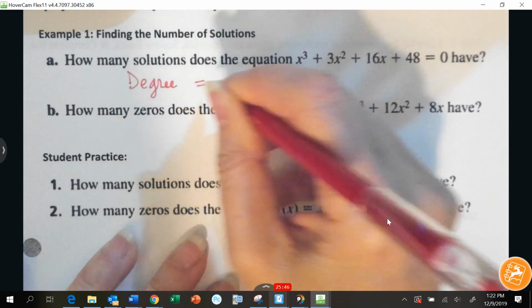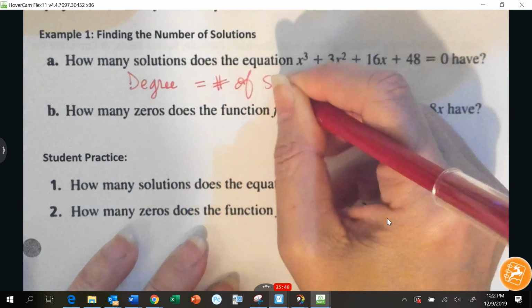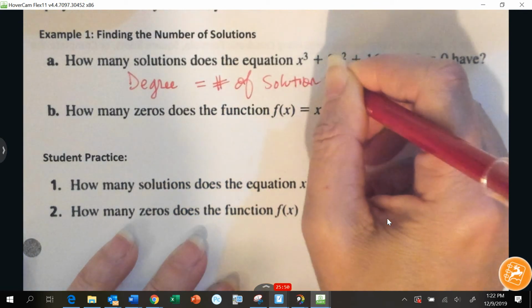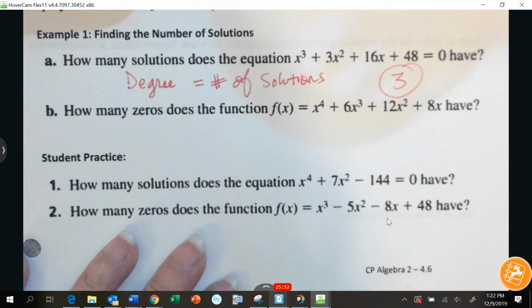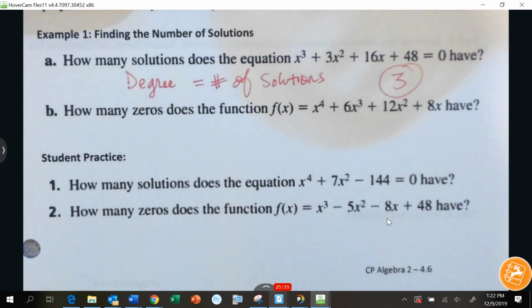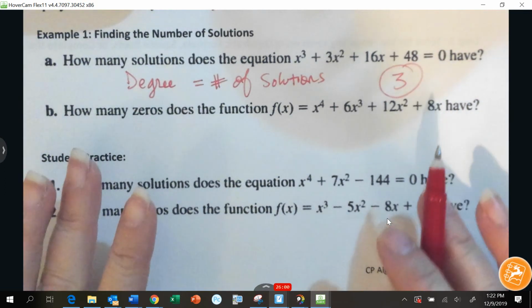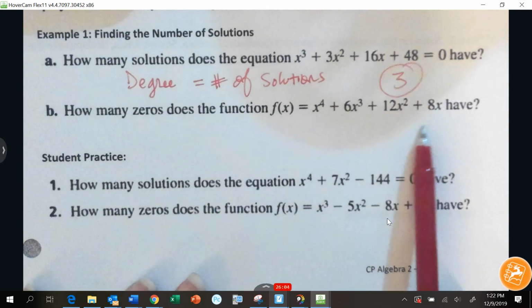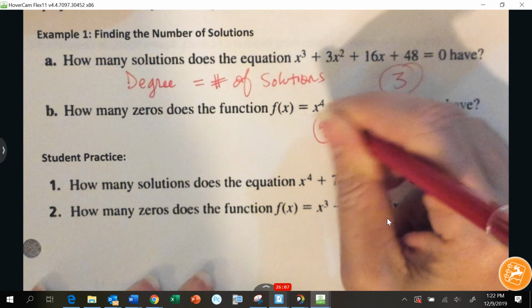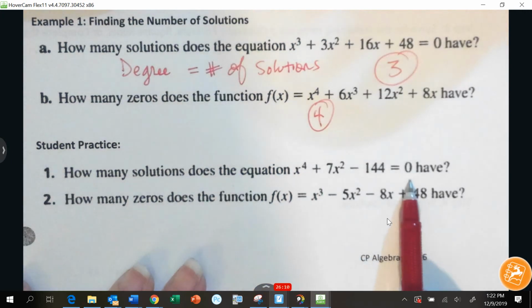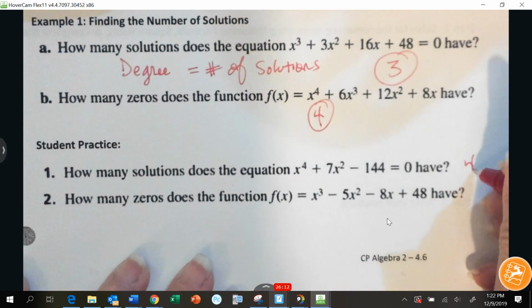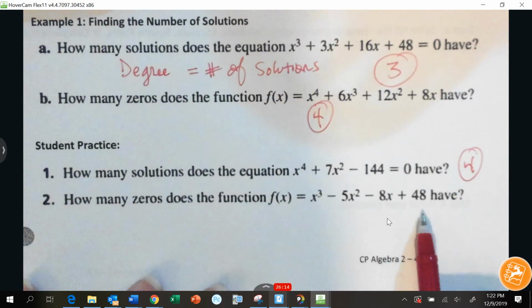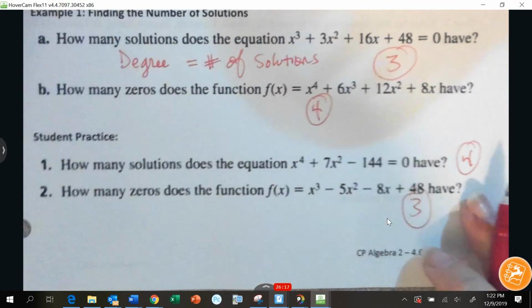The degree equals the number of solutions. Now, some of them could be repeated, some of them could be imaginary, but it has 3 solutions. How many zeros does number 1 have? 4. Or solutions, using different words here. How many zeros does number 2 have? 3. So easy. We have done that before.